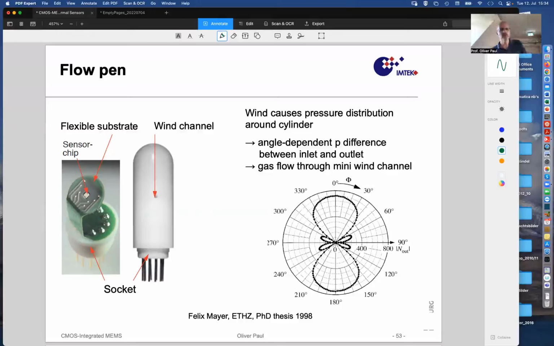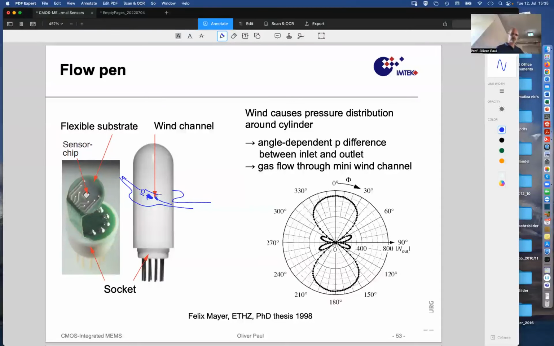So whatever wind blows around that structure, through the hole and out again at the other end, can be measured by the sensor located at this central position. And so he was able to make measurements, indeed.